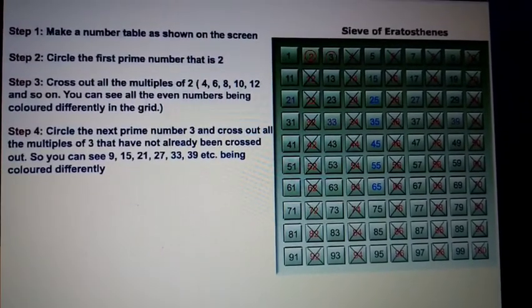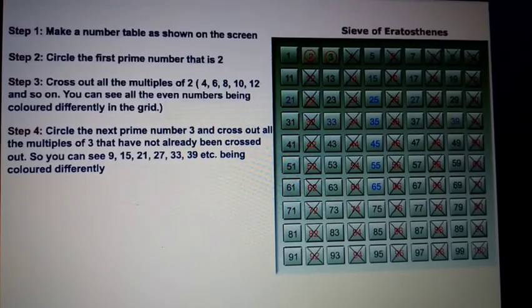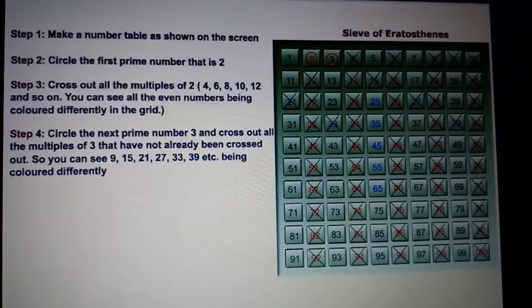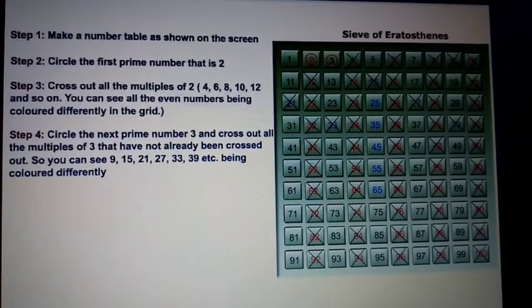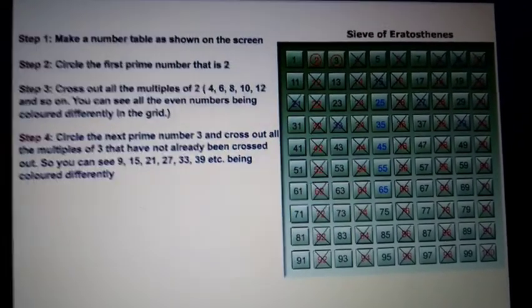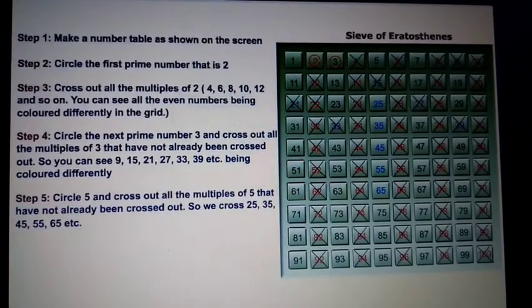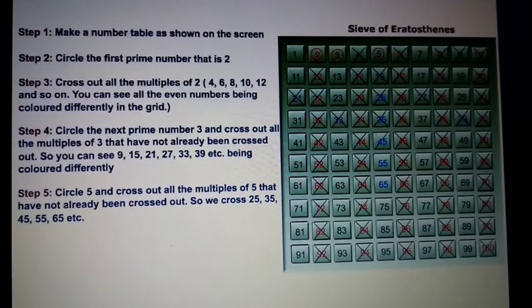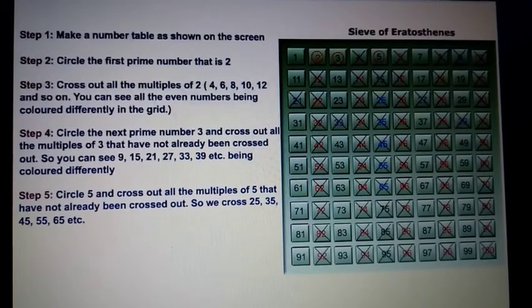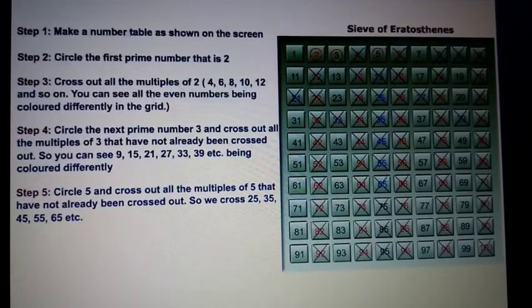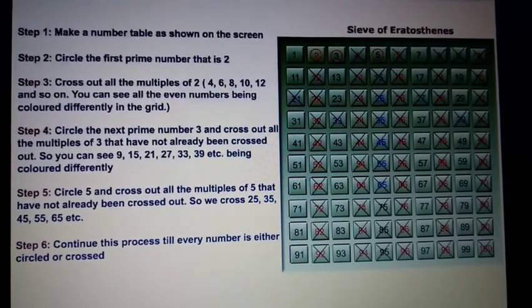Step 4. Circle the next prime number 3 and cross out all the multiples of 3 that have not already been crossed out. So you can see 9, 15, 21, 27, 33, 39, etc. being colored differently. Step 5. Circle 5 and cross out all the multiples of 5 that have not already been crossed out. So we color 25, 35, 45, 55, 65, etc. Step 6.